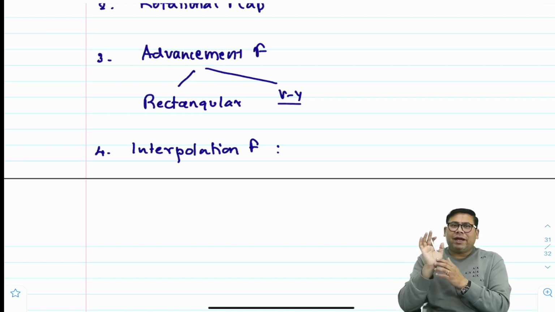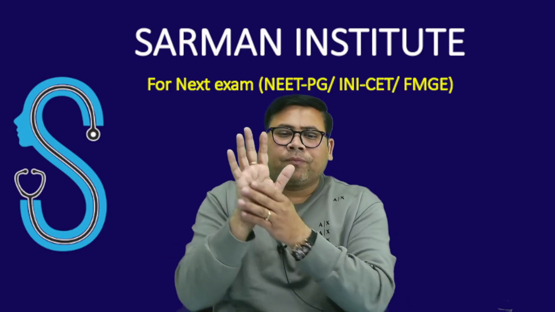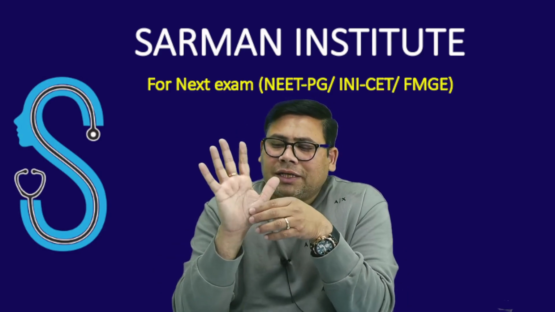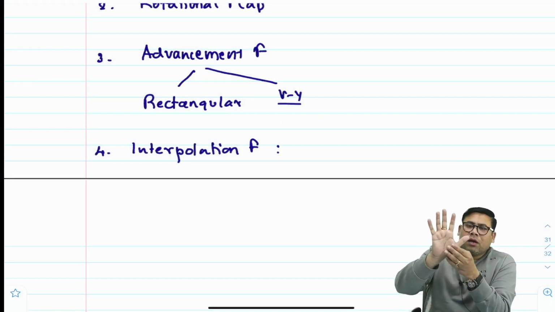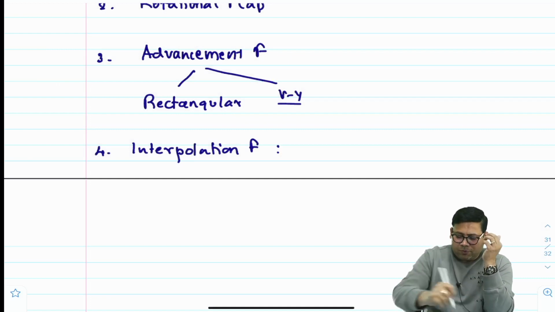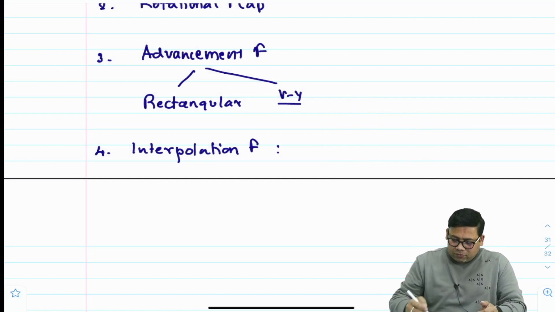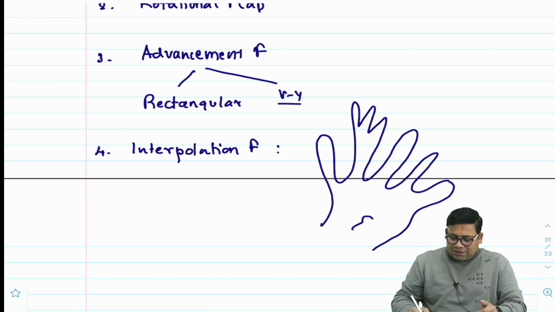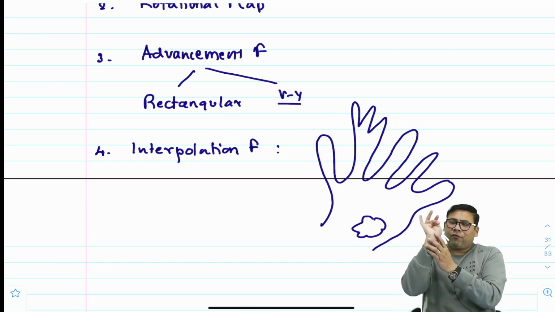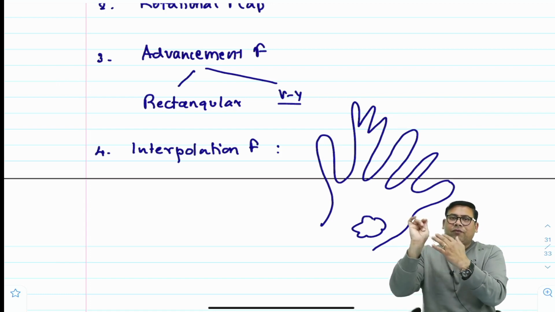Now we have an example of a Thenar flap. What is this Thenar flap? Suppose there is injury to this fingertip. What I can do is fix this finger into the skin of the Thenar eminence, and after a few days I will cut the skin, and the finger will take up that skin.